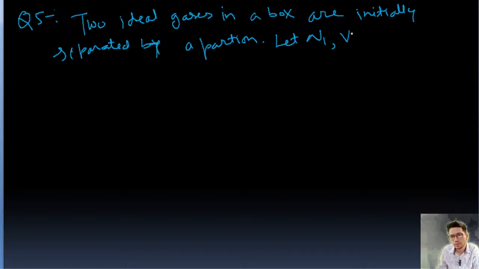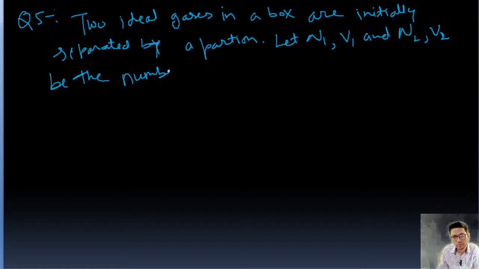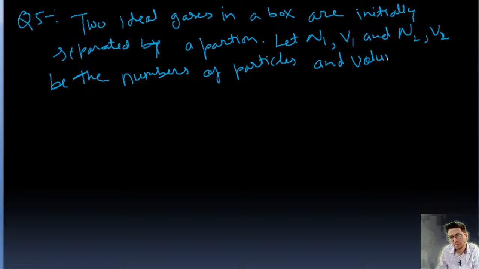Let N1, V1 and N2, V2 be the numbers of particles and volume occupied by the two systems.